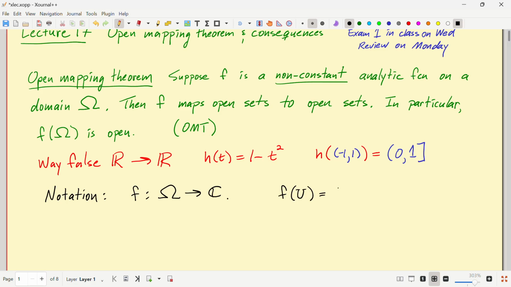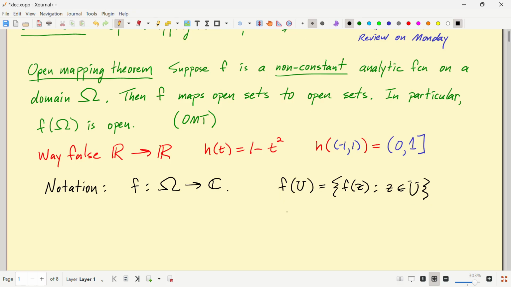That's equal to the set of f of z such that z is in U, the image of that set. And another standard notation is f inverse of U, means something slightly different. Since we have a domain here, the domain of the function, that'll mean the z in omega such that f of z is in U.